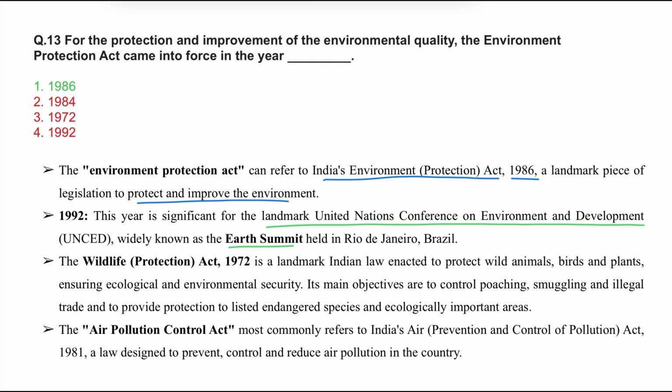The Wildlife Protection Act 1972 is enacted to protect wild animals, birds, and plants, ensuring ecological and environmental security. Then the Air Pollution Protection Act 1981.